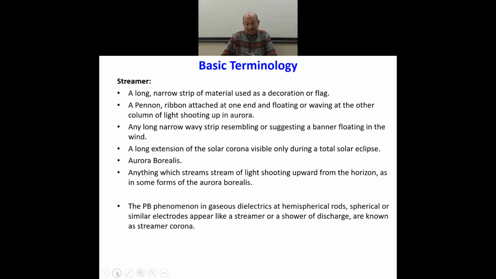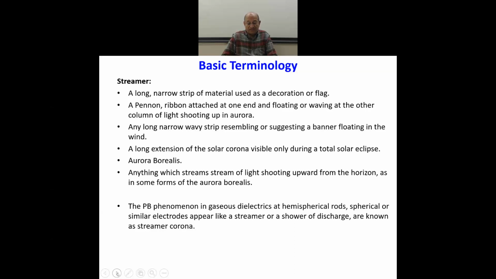When you apply sufficient voltage, there will be partial breakdown taking place at several locations on the surface of a hemispherical rod, and as we increase the voltage, this partial breakdown will propagate towards the opposite electrode in the form of a streamer, as I described.